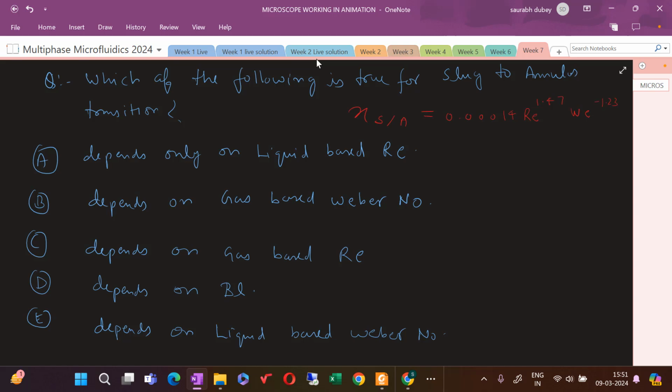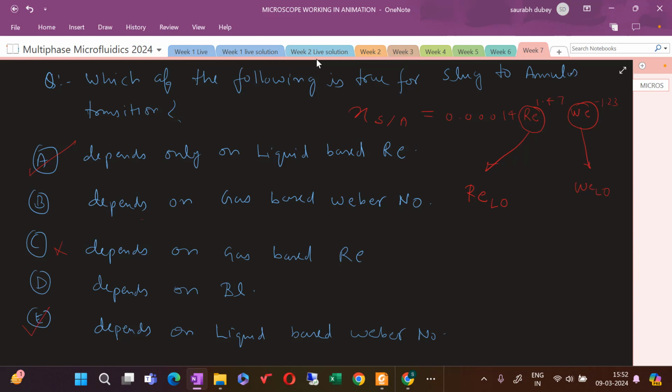If you remember how it depends, this Reynolds number is based on liquid, so it depends on liquid based Reynolds number, and this depends on liquid based Weber number.